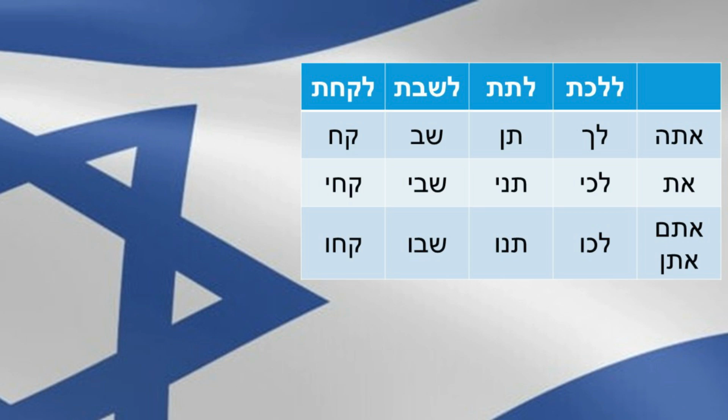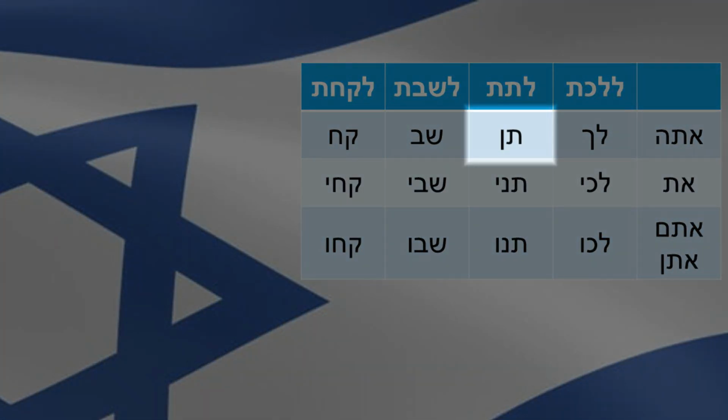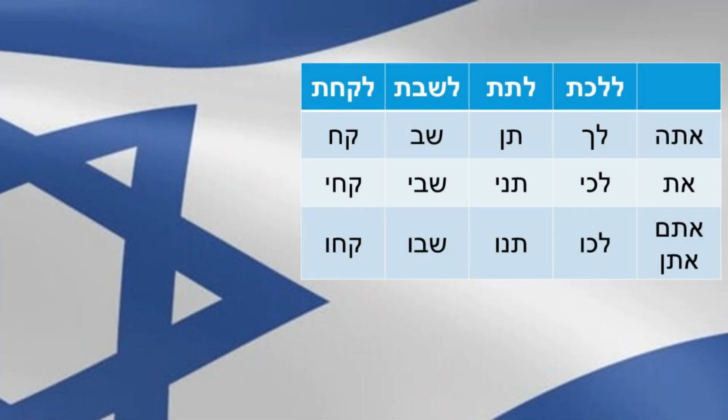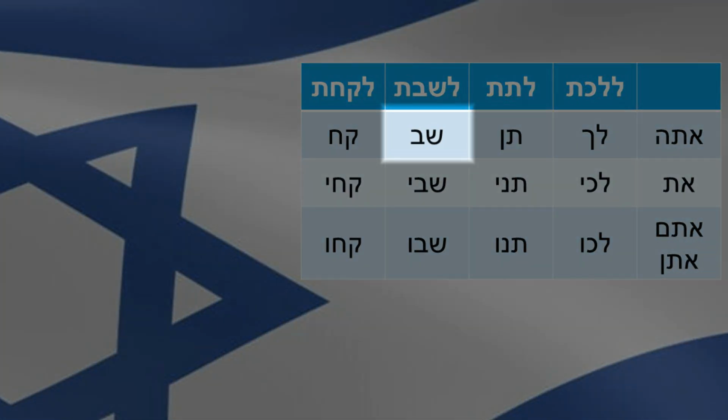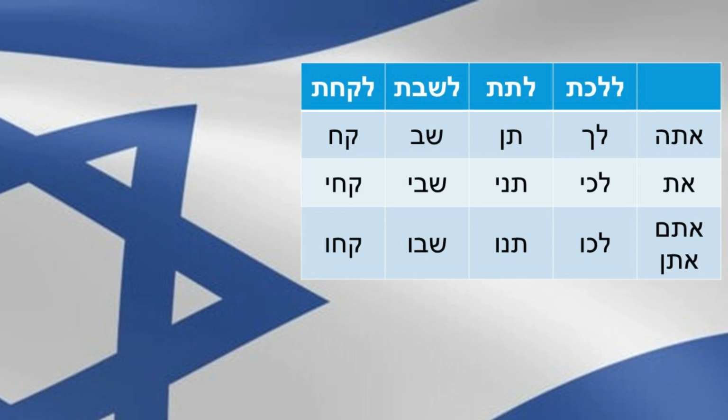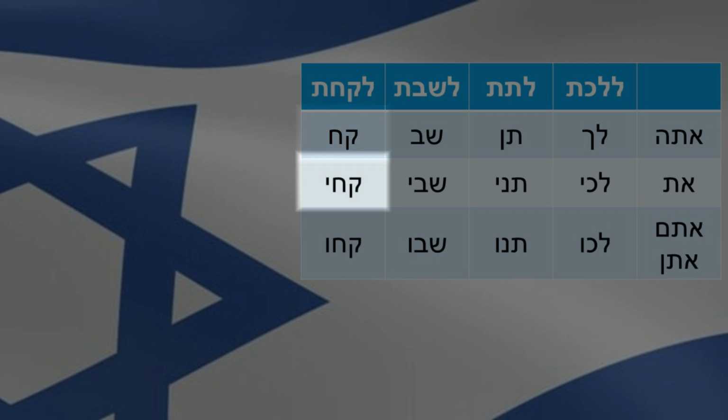For latet, to give, we have ten, tni, and tenu. And for lashevet, we have shev, shvi, and shvu. And then for lakachat, which means to take, we have kach, kchi, and kchu.